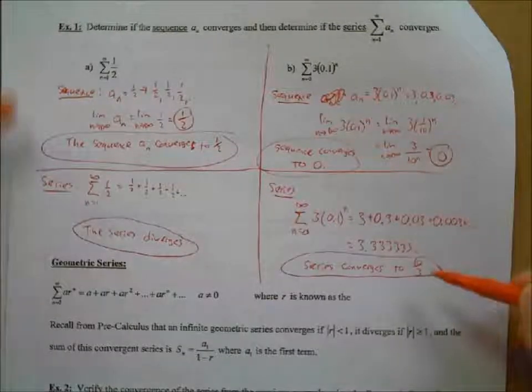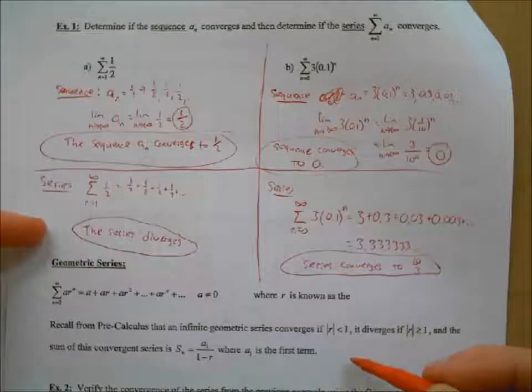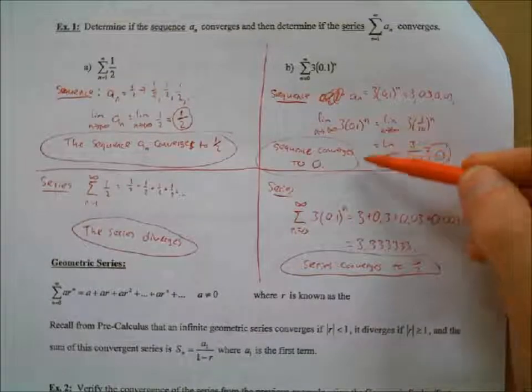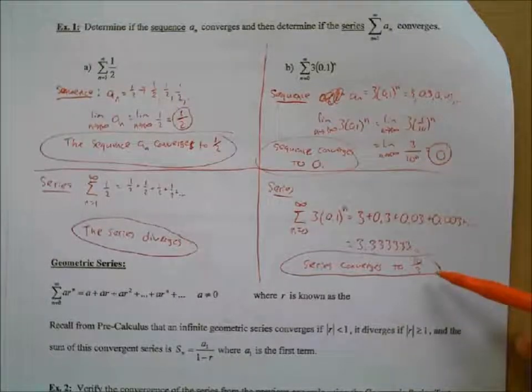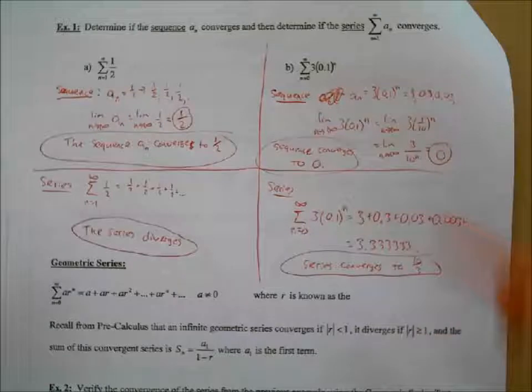If a sequence converges, the series may still diverge. But here also, if a sequence converges, the series may converge as well. We'll develop the relationship between that as we go. But for right now, we'll just leave it at that. The two don't necessarily guarantee the other. But we'll see a closer relationship later.